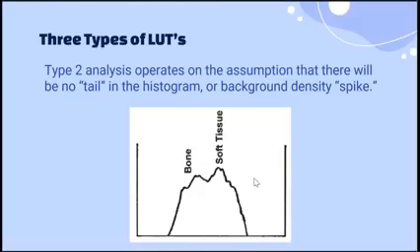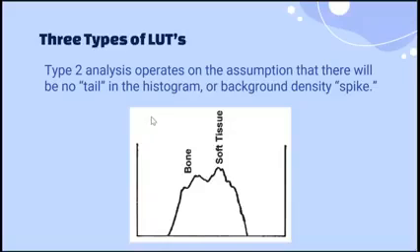So in this type of LUT, there is no tail, which is your background density. This type of histogram analysis happens when you try to align your first LUT to the second LUT. That is how your histogram analysis occurs.